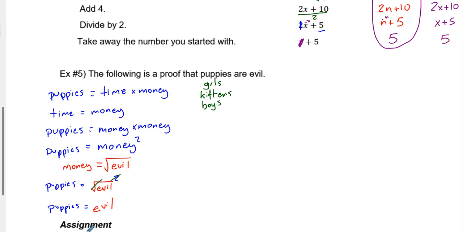Now, why is this an invalid proof? Hopefully, if you're thinking about it, you know that puppies don't just take time and money. They take a lot of extra things. Time is not the same as money.